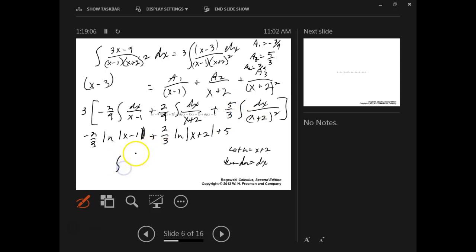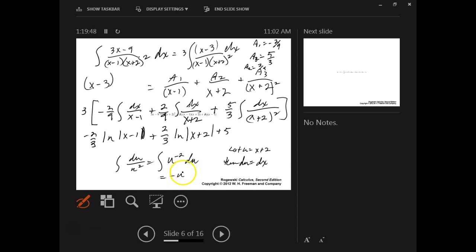That would be the integral of du over u squared, which you could write as the integral of u to the negative 2 du, and that integral would then be u over negative 1.